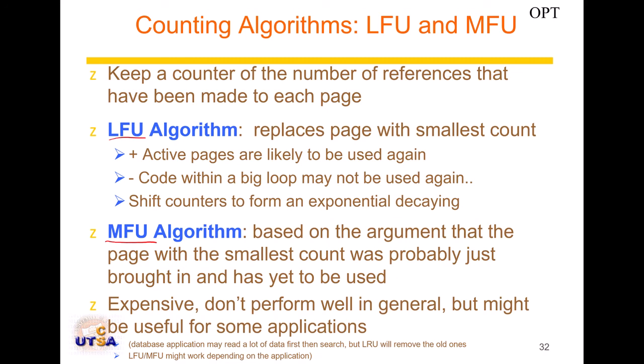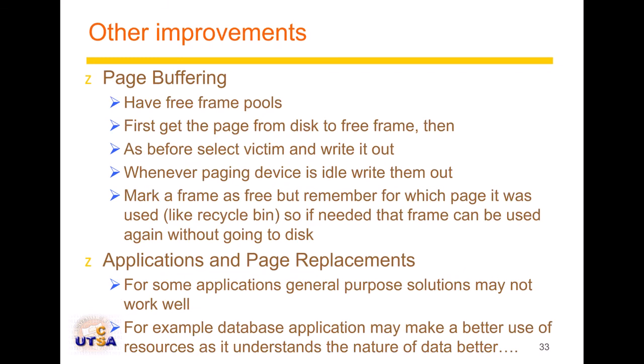Then when it comes to picking a victim, you can pick it based on that idea. These algorithms are fine in the context of very specific applications, and if you know that your program will benefit from most frequently used page replacement, then you can design or configure your system to use that algorithm.